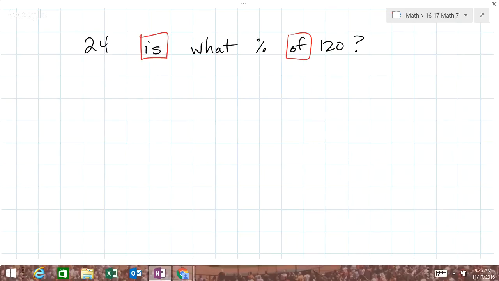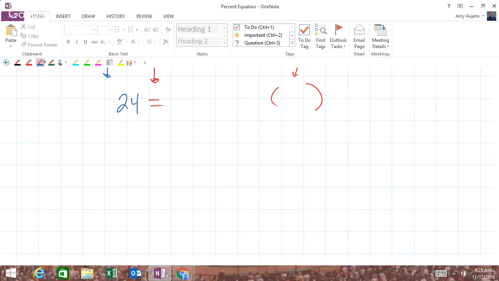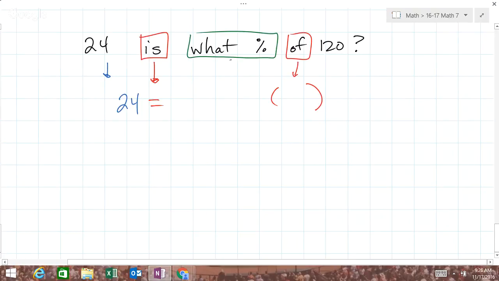So what are we putting in place of the is? Equal sign. What are we doing with of? We know it's multiply, don't we? Okay, then we just bring what we know down. Obviously, we're going to put right here on the left-hand side of the equal sign, 24. What are we putting here for what percent? Do we know it? Nope. So it's going to be x, and then we're going to go ahead and bring the 120 down. Okay, so we have x times 120 equals 24.